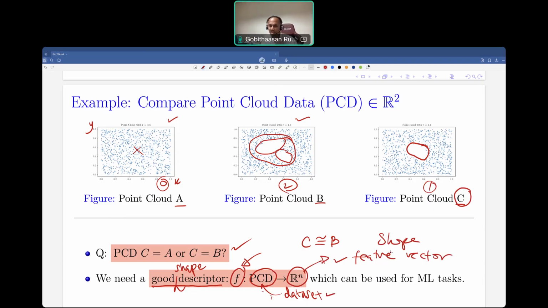Rather than directly using the point cloud itself, we do pre-processing, extract a feature vector, and then use it for machine learning tasks. The idea is called feature engineering. You're extracting something out of your data set and using it as a feature vector for machine learning tasks.